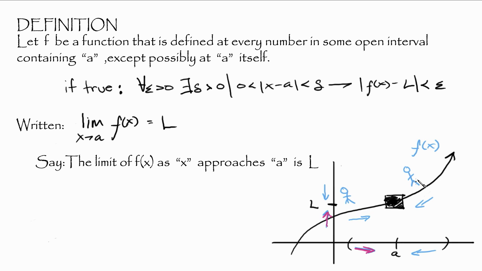So as you're walking in this direction, you're going to go to your friend's house, right? And so you'll end up at this destination, which is the limit of your destination. When they say except possibly a itself, it basically means that maybe he's just not home at the time. That's where you have a hole in the graph. But the limit still exists. Remember, the limit still exists even if there's nothing at that point, meaning if the point is empty, meaning you can't plug something into your function.